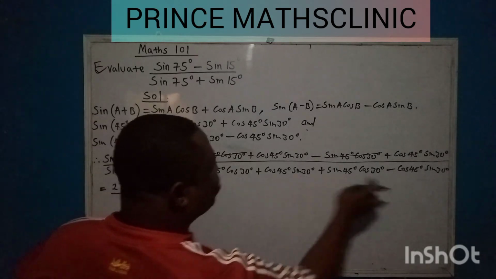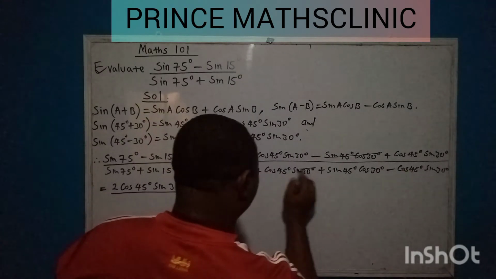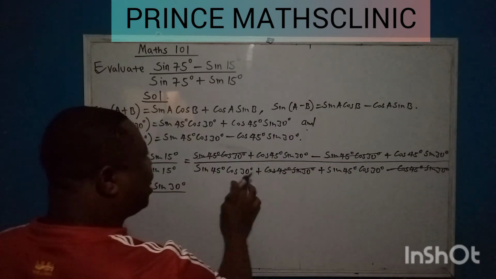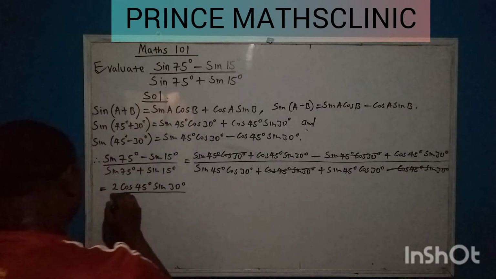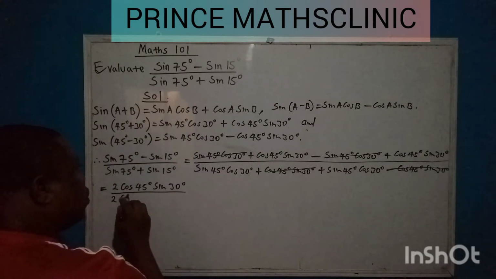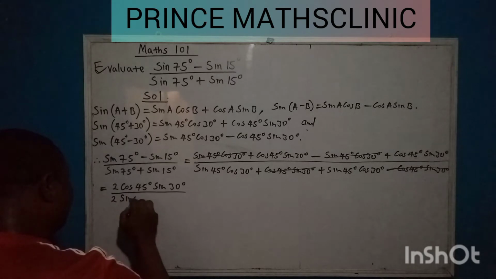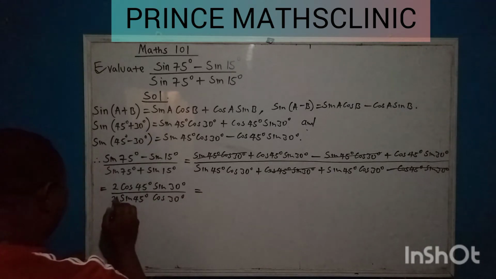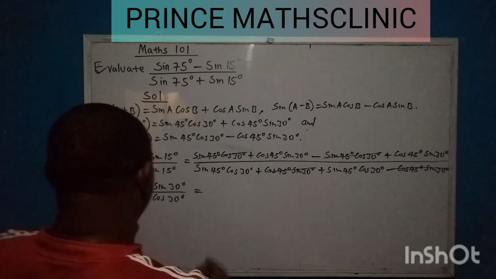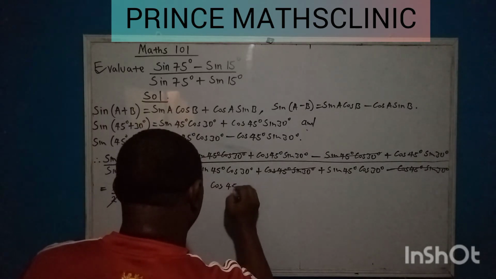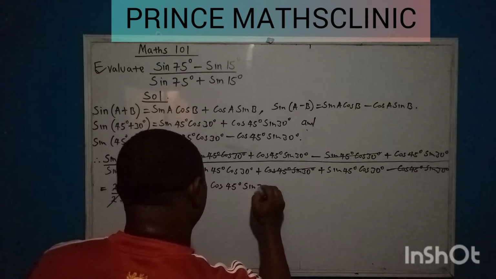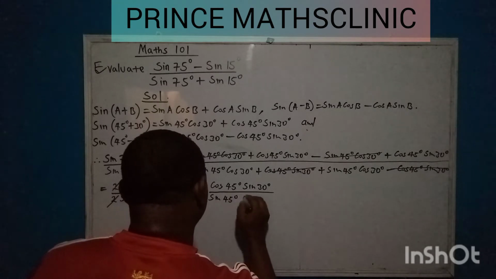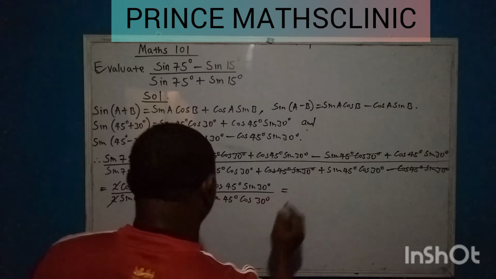Cosine 45 sine 30 will subtract cosine 45 sine 30. So sine 45 cosine 30 and sine 45 cosine 30 we add up, we'll get 2 sine 45 cosine 30 degrees, and 2 we cancel 2, so we are left with cosine 45 degrees sine 30 degrees over sine 45 degrees cosine 30 degrees.